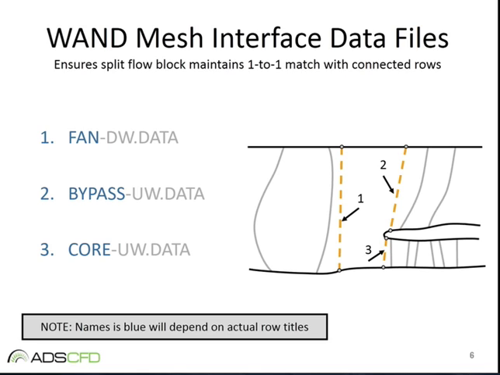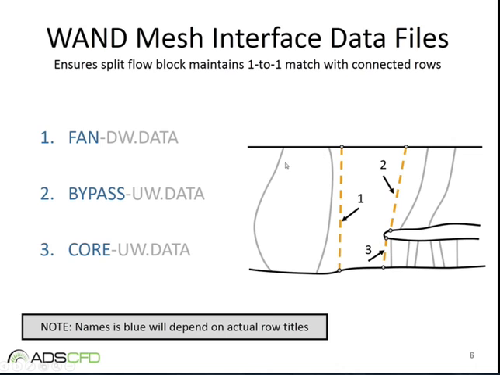So when we generate the WAND meshes for our other rows, there will be some data files that come out. You'll see it'll have the name of the row. In this case, we're calling this fan, and it'll be both -dw.data that represents the downstream or the exit plane of that mesh, and the .uw or the upstream or inlet row of that data.